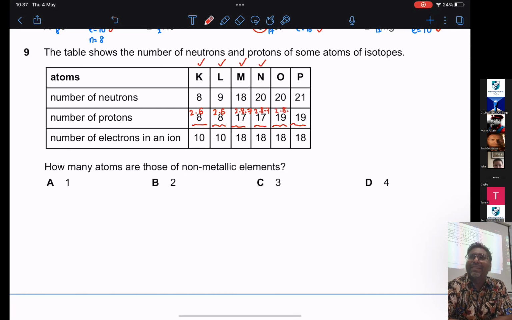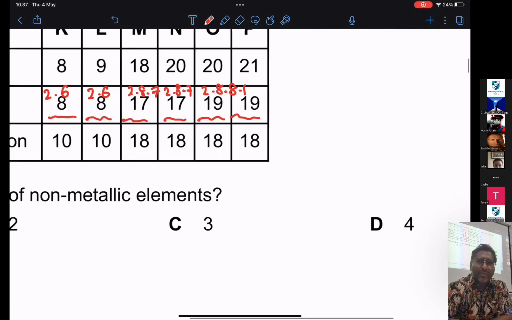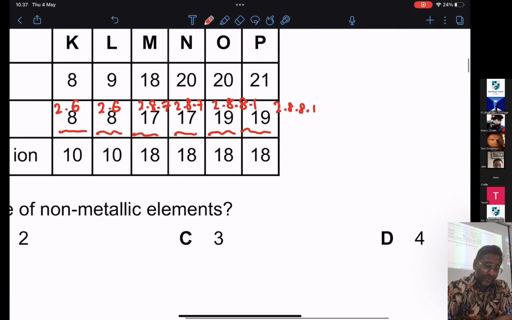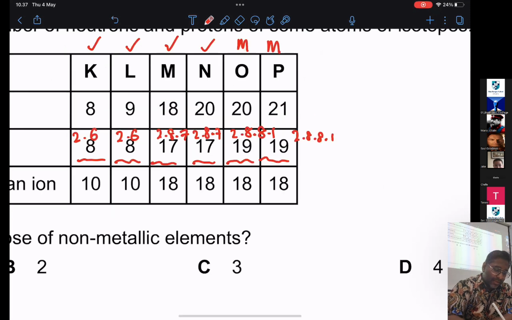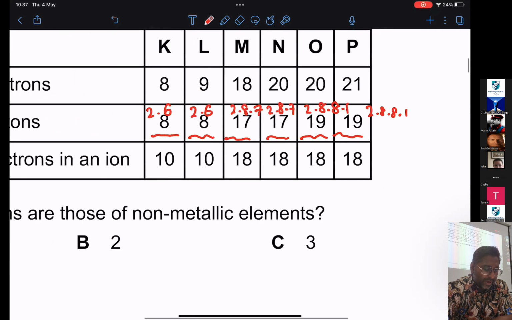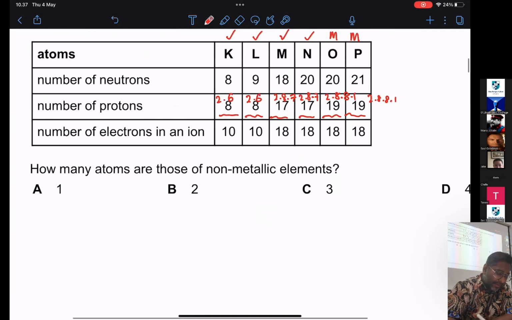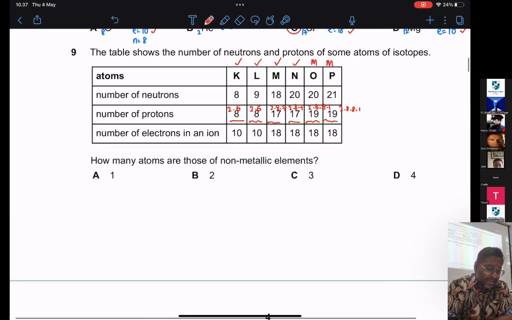Guys, stop sleeping, focus. Group 6. Group 6, metal or non-metal? Non-metal. Group 1, group 2 and group 3 are metal. So group 6, non-metal. K is non-metal. Now how about L? 2, 6 again, of course it's going to be non-metal also.